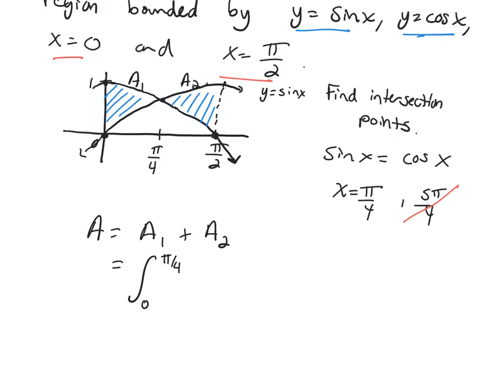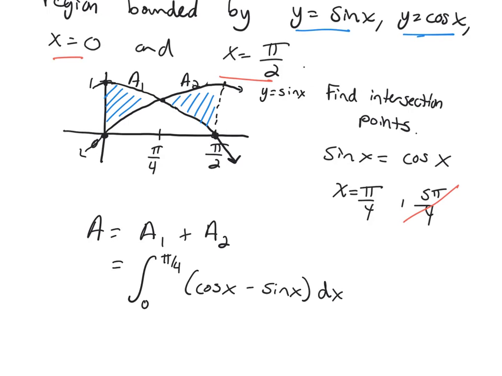Which function was the top function? Was that sine or cosine? We wanted 0, so it was cosine. So my top one is cosine, and my bottom one is sine.